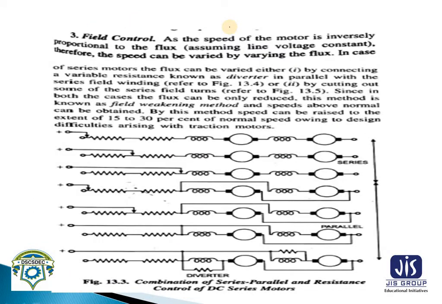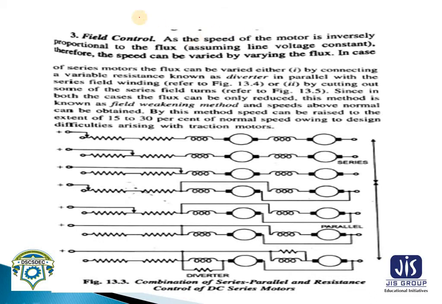Now our next method is field control. As the speed of the motor is inversely proportional to the flux, assuming the line voltage is constant, the speed can be varied by varying the flux.